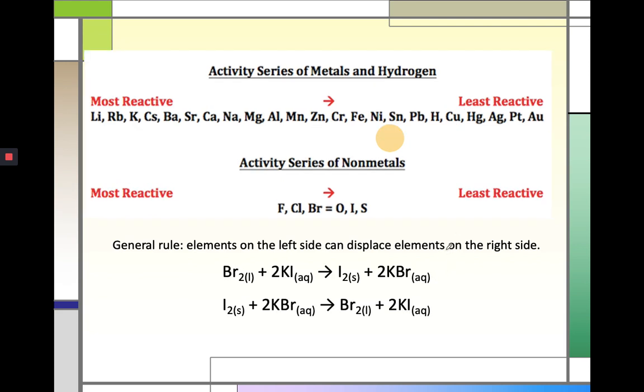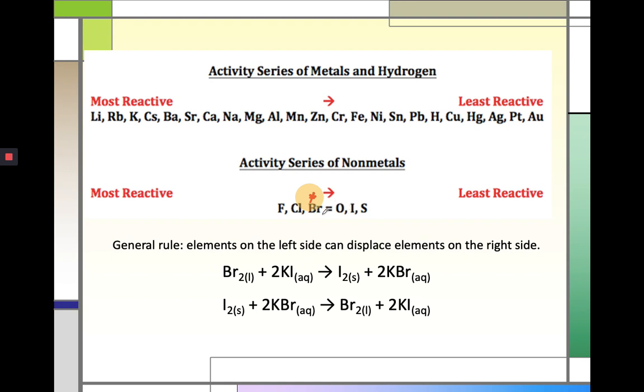In terms of the non-metals, the same principle applies. Elements on the left side can displace elements on the right side. So this is now a battle between bromine and iodine. Bromine is here and iodine is here. If your reference is iodine, you ask yourself whether bromine can displace iodine.